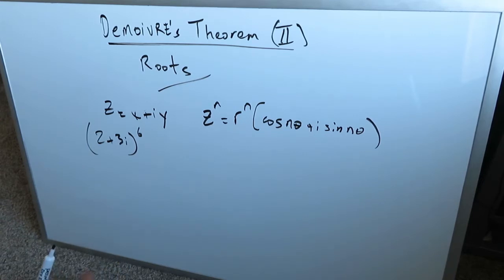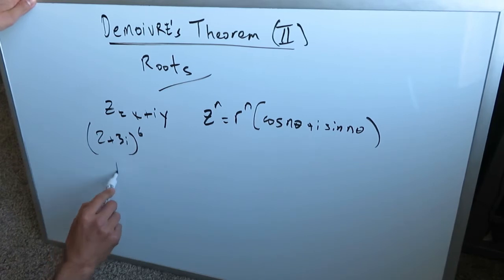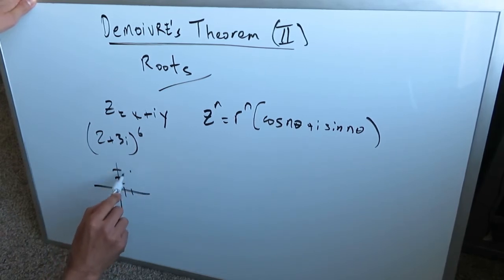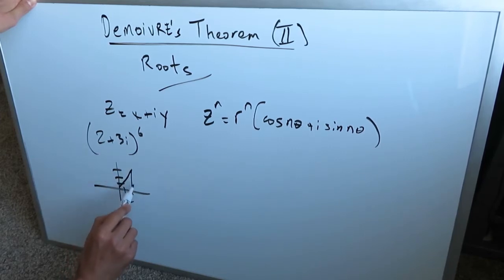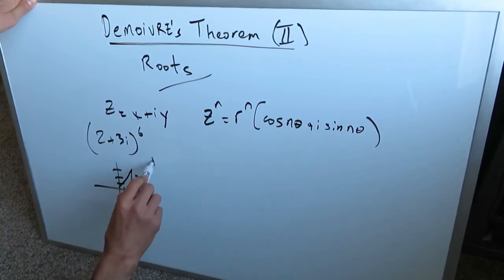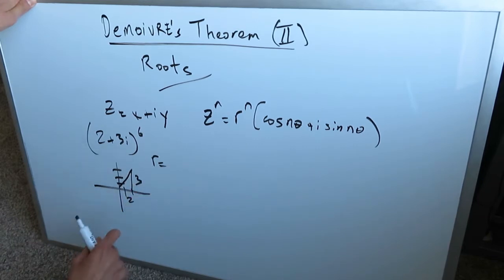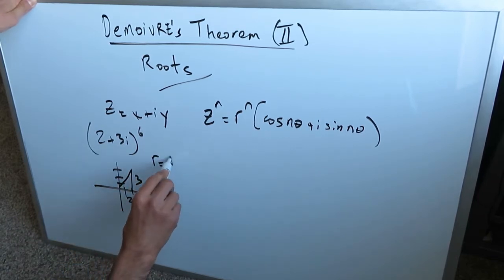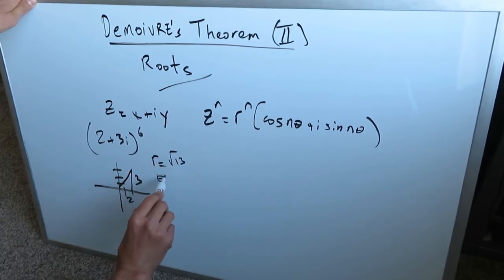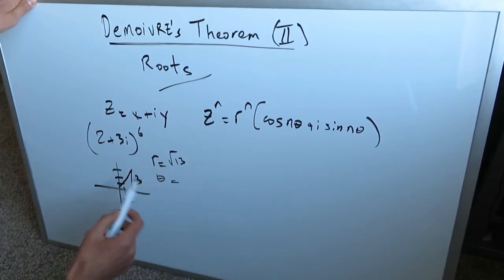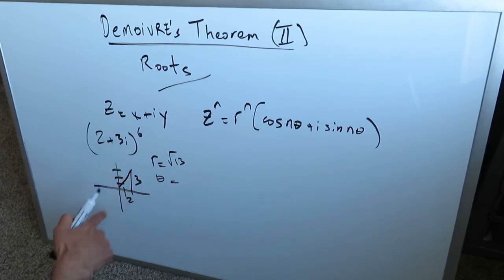The first thing you need to do is determine the polar or trigonometric form of this complex number, and you can do that easily by doing a quick graph to orient yourself. You have 2 across, 3 up, and the modulus is the square root of the sum of these individual components squared. You get root 13. Your angle theta, your direction, is always the inverse tangent of y over x.